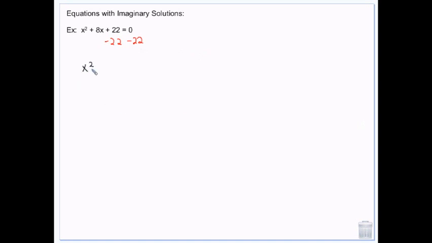And we like this one because it's all pretty and even, which is good. So I'm going to take 8, and I'm going to divide it by 2, and I'm going to get 4, and I'm going to square that 4 to get 16, which I'm going to add to both sides.